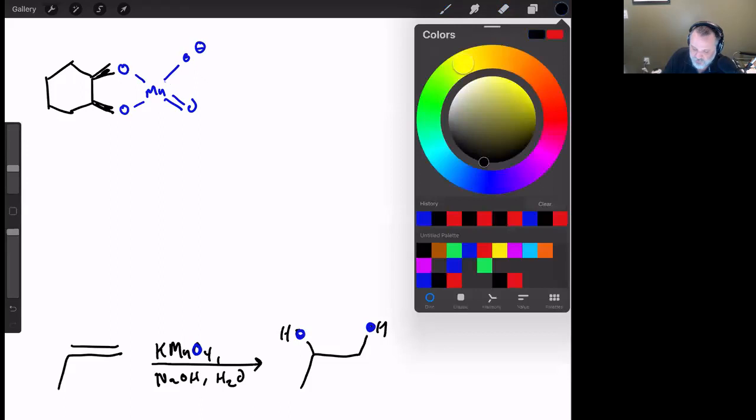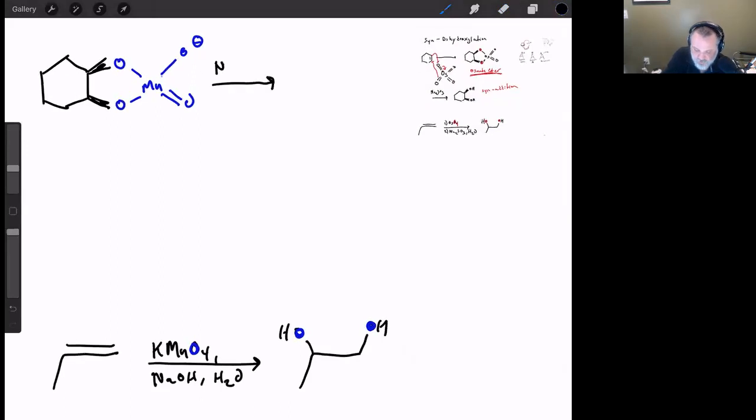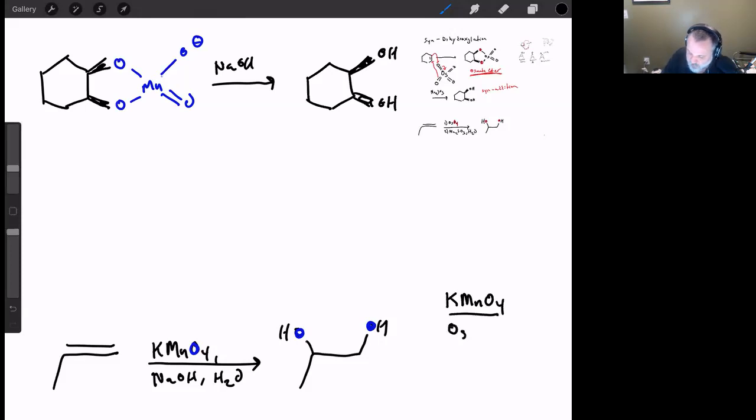Once this gets reacted with sodium hydroxide in the same pot, you also get syn addition. So what should you be on the lookout for? You should be on the lookout for KMnO4 or OsO4. Those 2 reagents should key you in that there's syn addition.